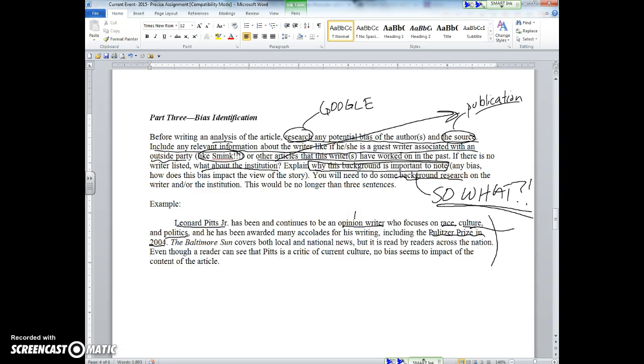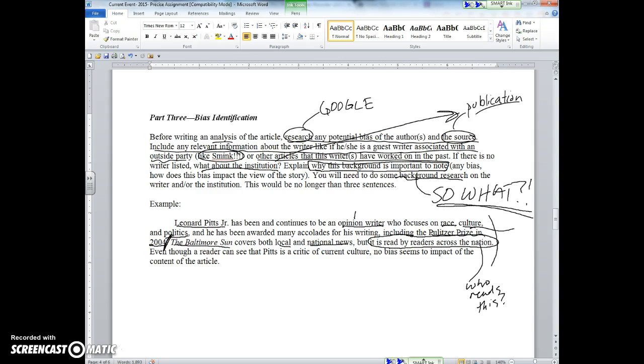Then there's the switch to the publication. The Baltimore Sun covers both local and national news, but it is read by viewers across the nation. So notice how I'm specifically identifying the audience here. Who reads this? If I was talking about the Star Tribune, it does have local, national, and international news in it, but that's not a nationally syndicated publication.